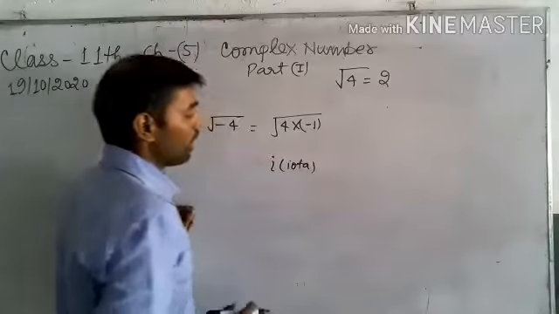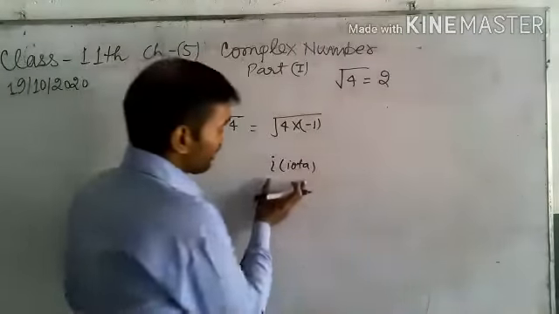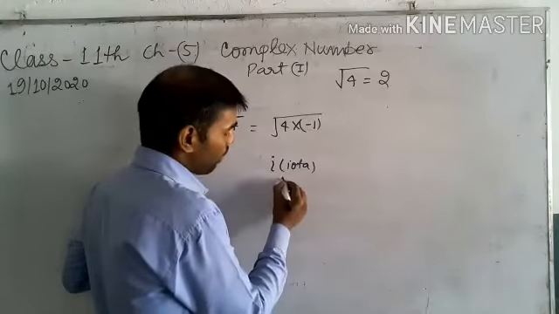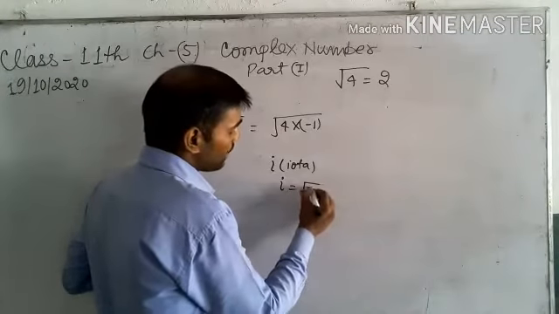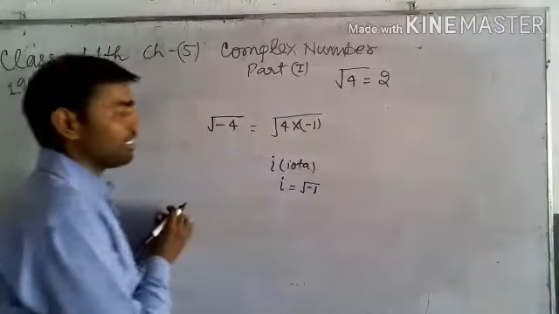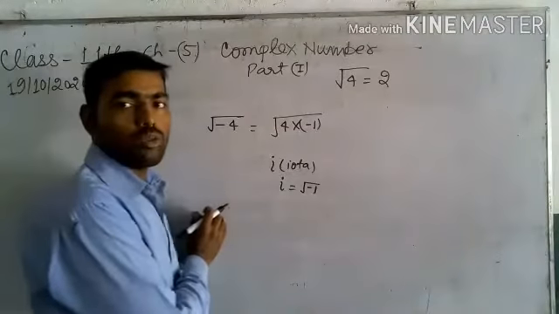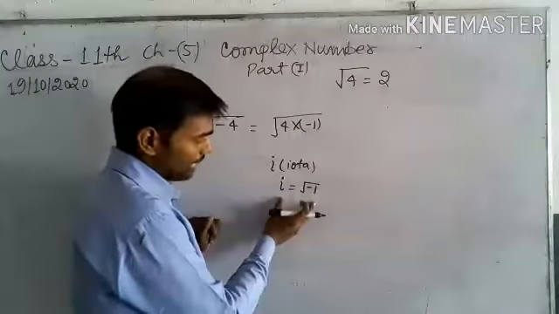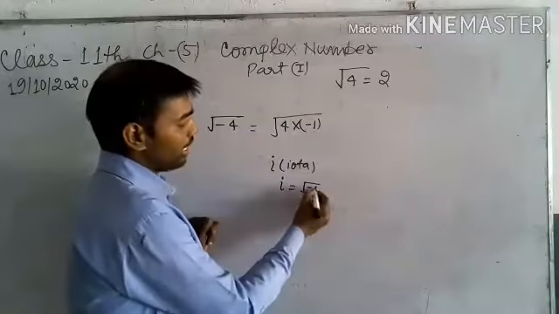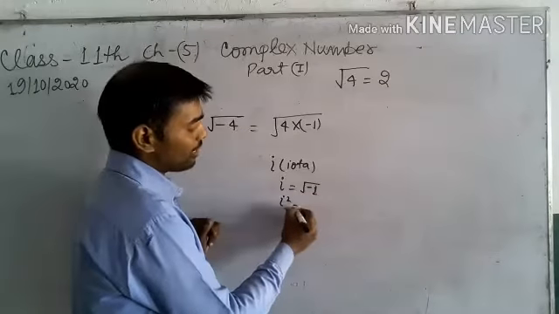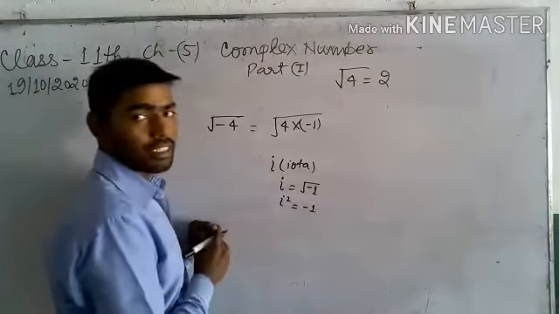This is the Greek letter iota. The value of i is equal to root of minus 1. It means i square is equal to minus 1.